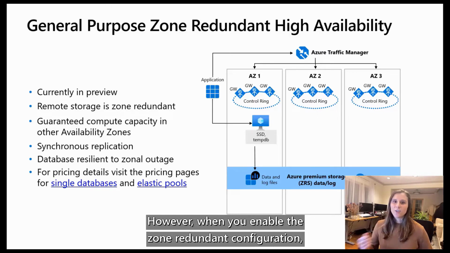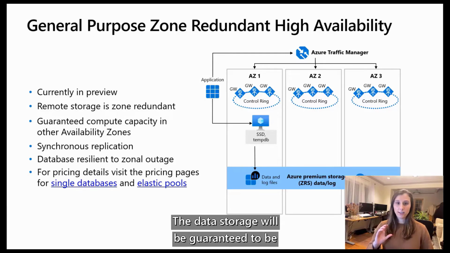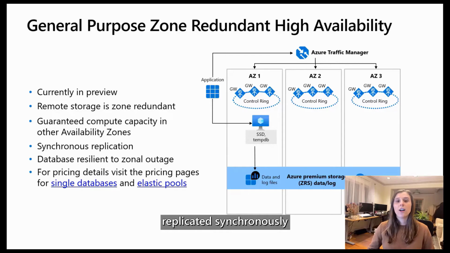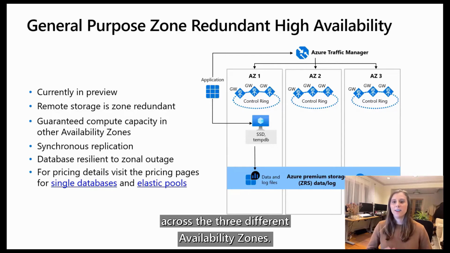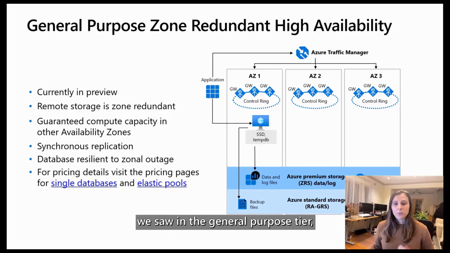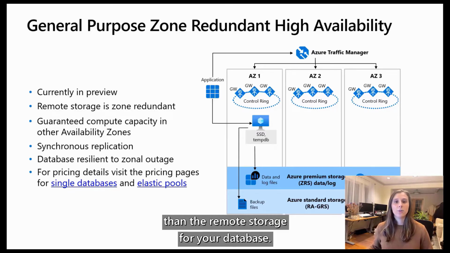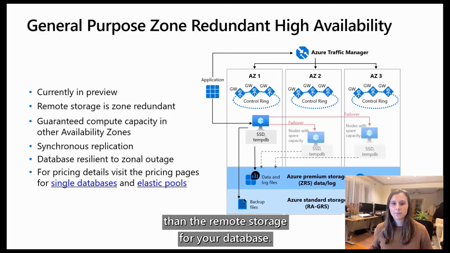However, when you enable the zone redundant configuration, the Azure storage being used is zone redundant. So what's guaranteed is that the data storage will be replicated synchronously across the 3 different availability zones. Backups are still handled the same way as before, using a separate Azure storage from the remote storage for your database.